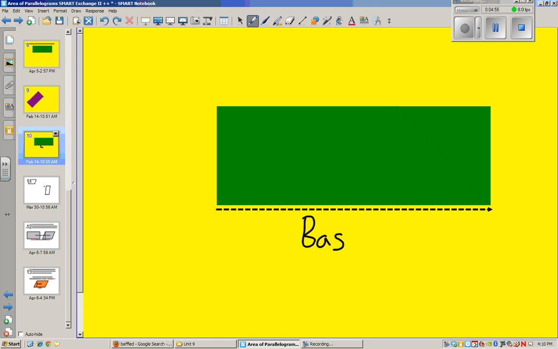My height is right here. We'll label that height, not base, height.